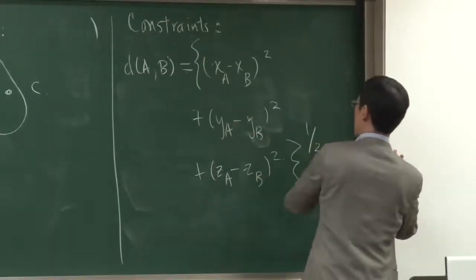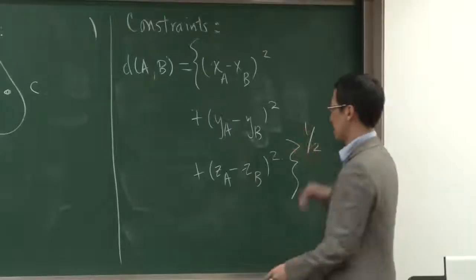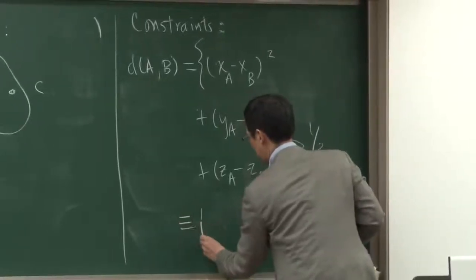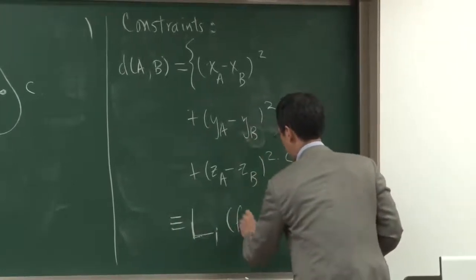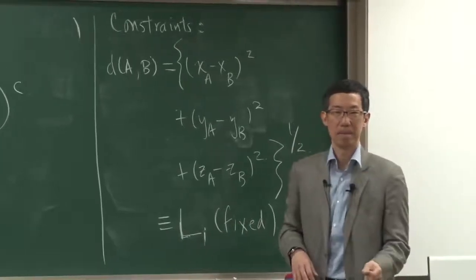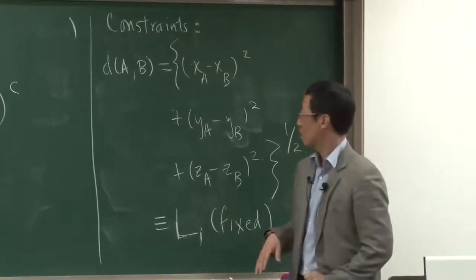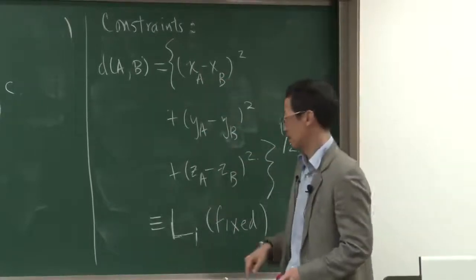This square root is some fixed distance L1. Same constraint. Only difference now is that we have 3 coordinates, x, y, and z.